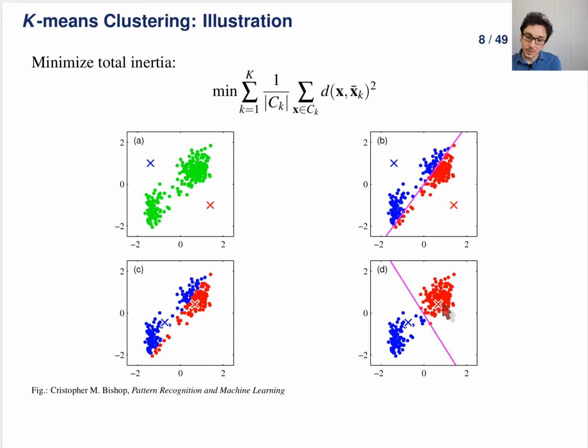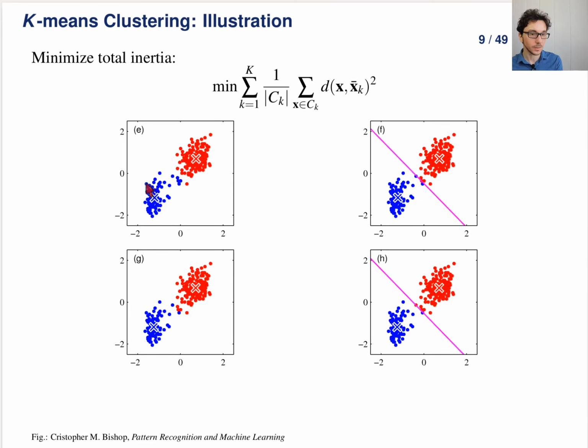Now the clusters changed, so again we should recompute the centroids of these two new clusters, and we do this like this. Now the centroids changed, and we have to reassign points to the closest centroid. You see that there's not much difference between this clustering and this clustering here, because of course after some iterations you will converge.